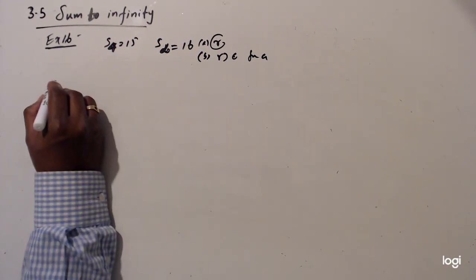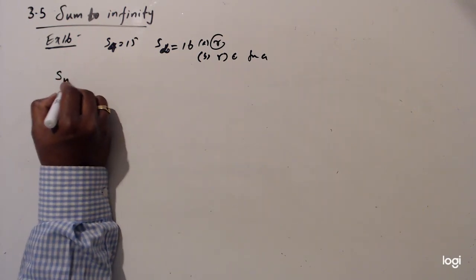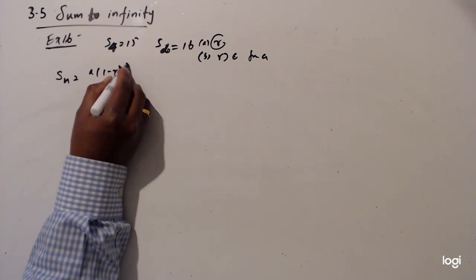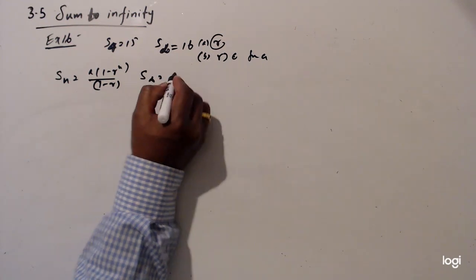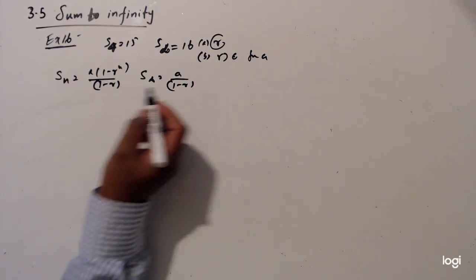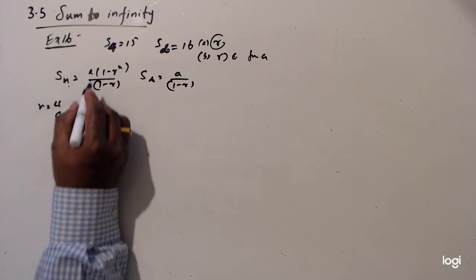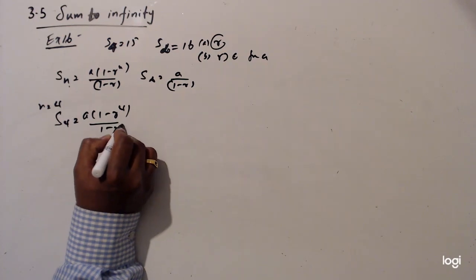Sn equals a(1 minus r^n) over 1 minus r, and S infinity is a over 1 minus r. So when n equals 4, S4 equals a(1 minus r^4) over 1 minus r.